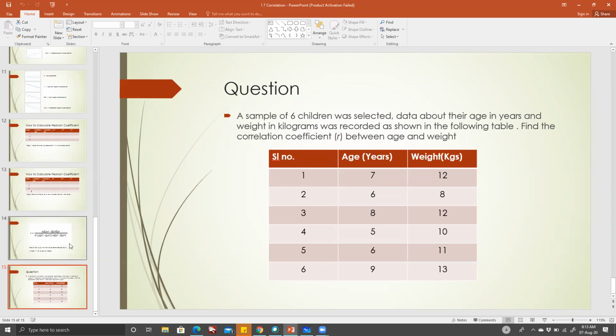It's 24.98. Sorry, how can you get 24.98? The value will be in the range of -1 to +1, right? Okay. So please be careful with your results. There is some problem.